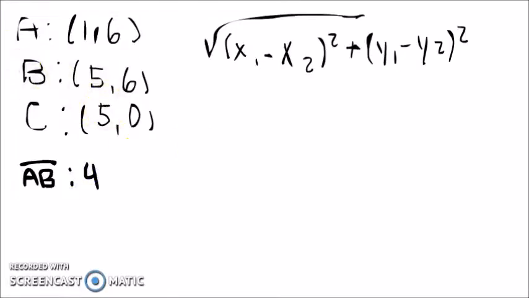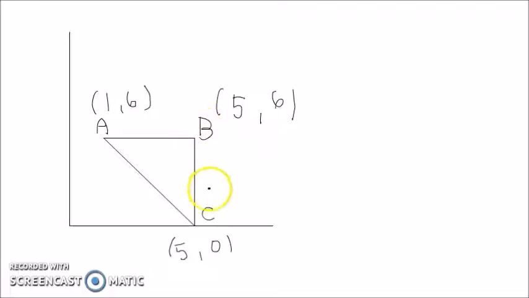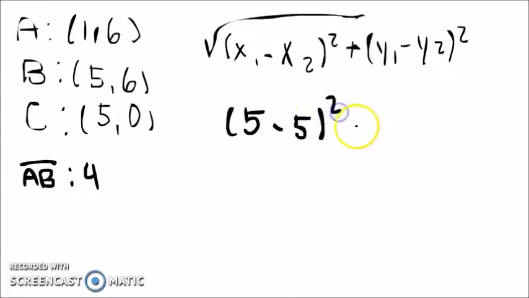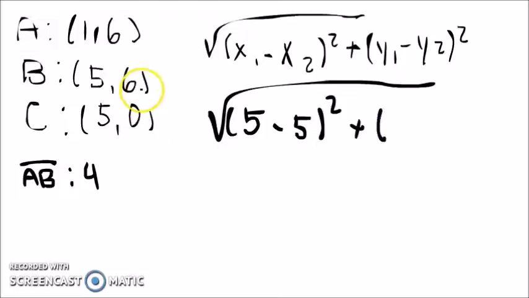So now let's do line BC. 5 minus 5 squared plus 6 minus 0 squared.